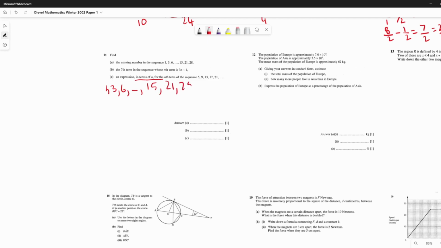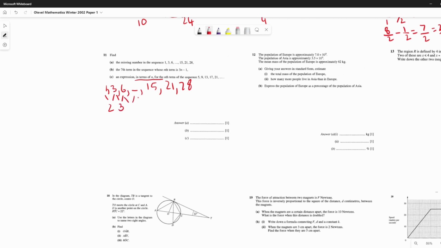What I mean by that is we can get the difference between all of these and figure out what makes it so that 1 becomes 3 and 3 becomes 6, and so on. So the difference between 1 and 3 is 3 minus 1, which is 2, and then the difference between 6 and 3 is 3.